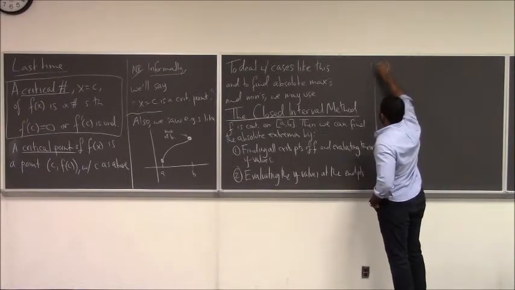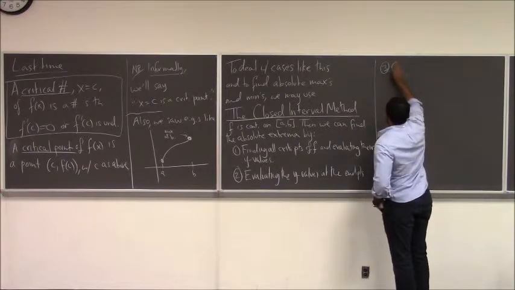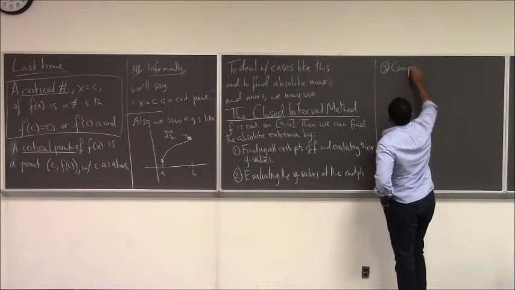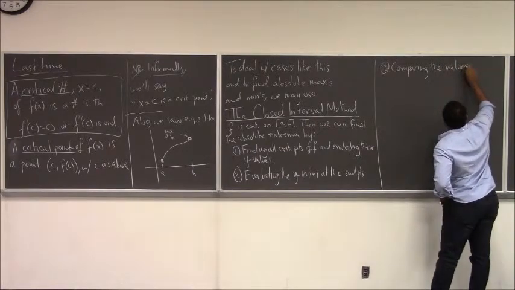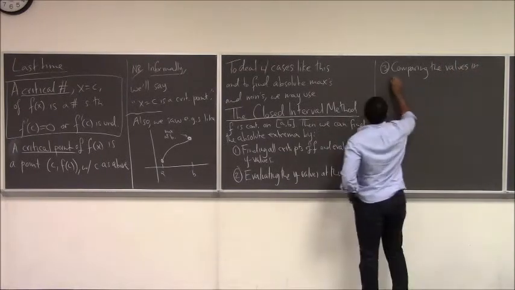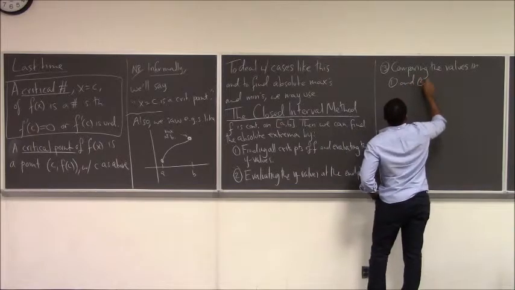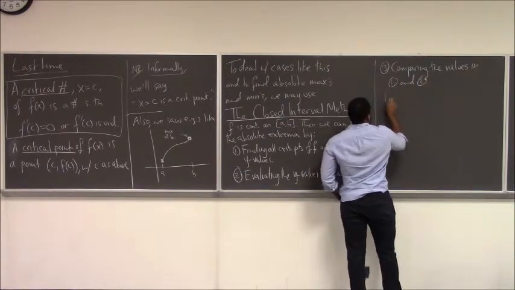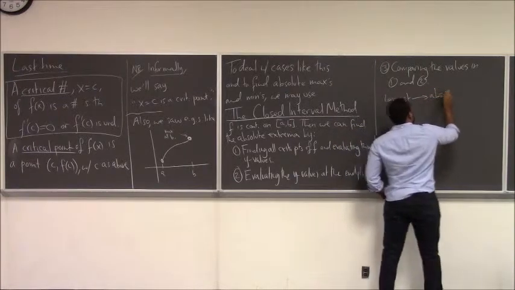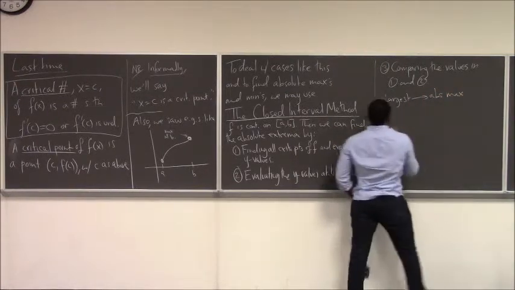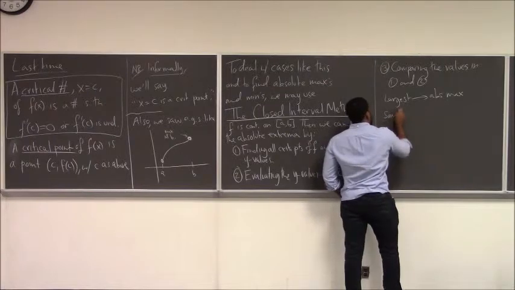And 3, comparing the values in 1 and 2. The largest is going to give you the absolute max, and the smallest is going to be the absolute min.